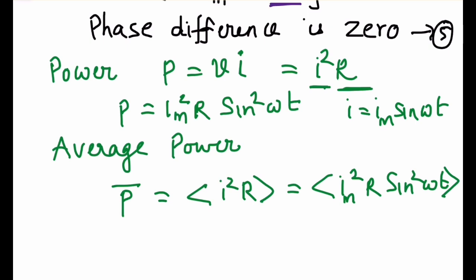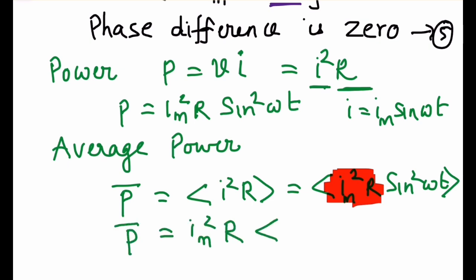Now in this case, Im square and R are constants, so you can't take an average value for them. Therefore take them out, and you will get P bar is equal to Im square R, and within the triangular brackets you will get sine square omega t.